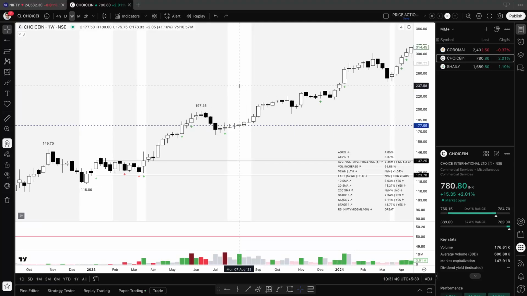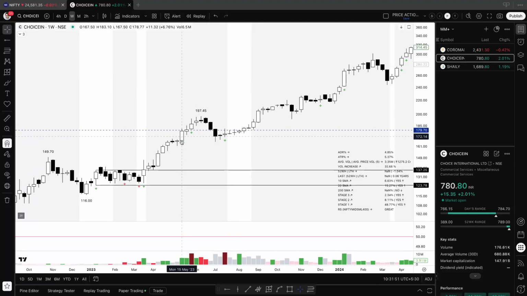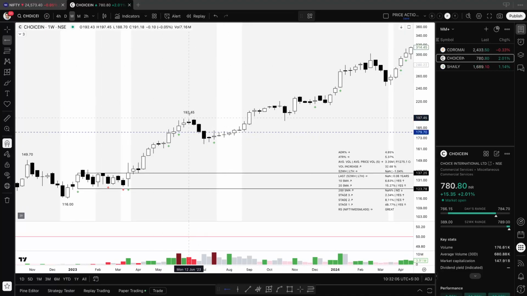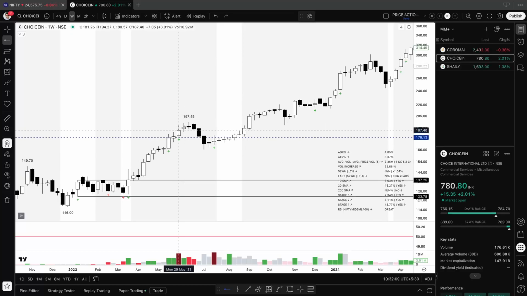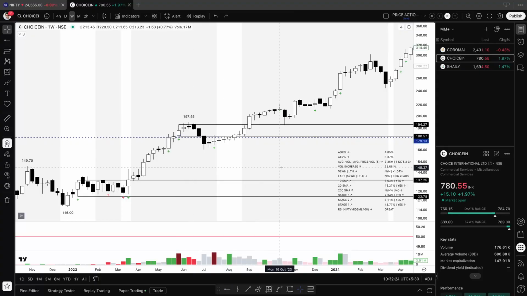In between, footprints are getting generated again. So now these footprints are important. Whenever the system generates a footprint, it is telling you that the low and high are important.